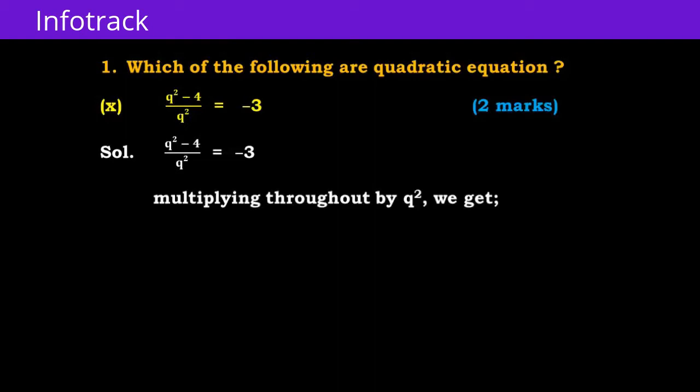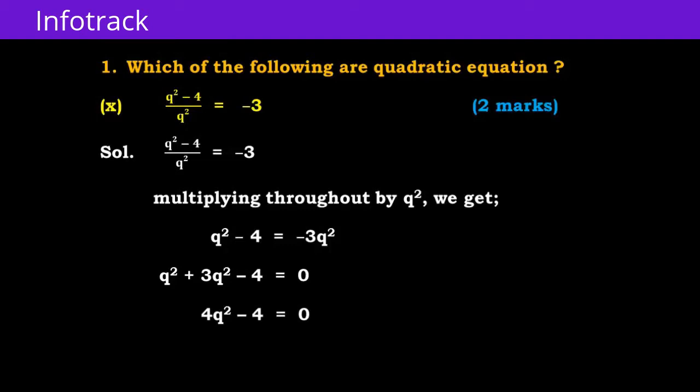We get q square minus 4 is equal to minus 3q square. Now this minus 3q square we can bring to the LHS as plus 3q square. So q square plus 3q square minus 4 is equal to 0. Now this is in general form, ax square plus bx plus c is equal to 0. We can add q square plus 3q square, you will get 4q square.